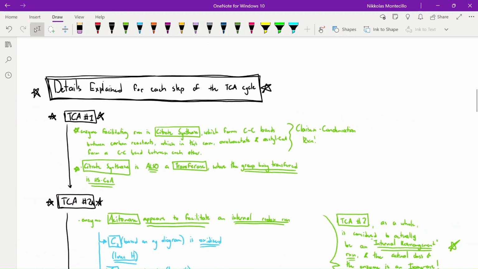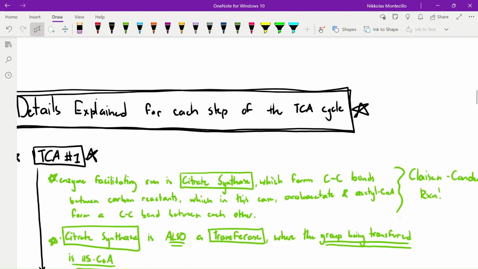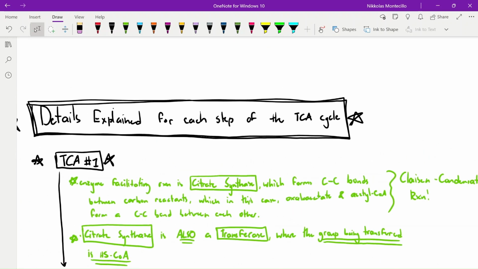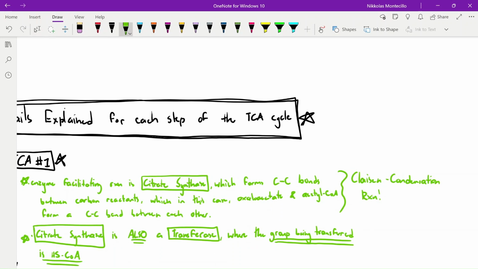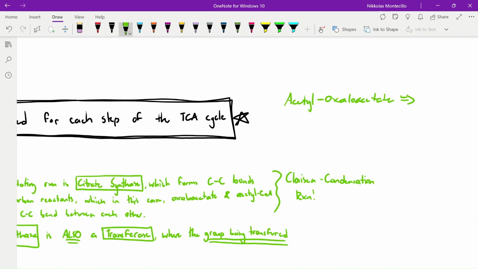I've shown a list of descriptions for each reaction step here. Starting with citric acid cycle step 1, or TCA1, we see that citrate synthase forms CC bonds, meaning that a CC bond is formed between the acetyl group and oxaloacetate to form citrate, right?